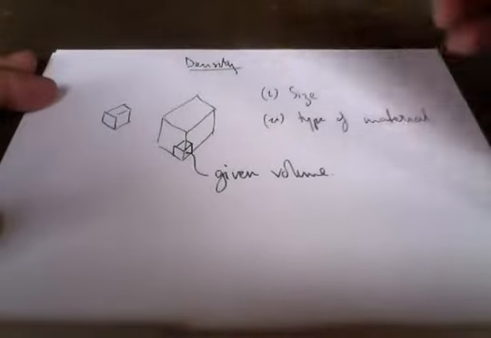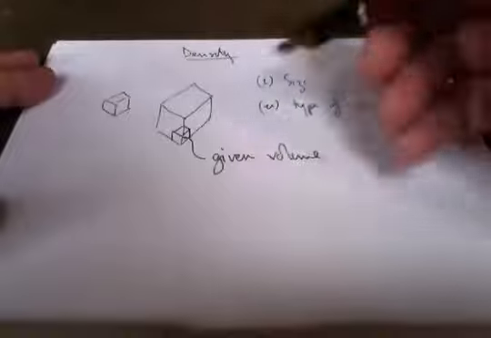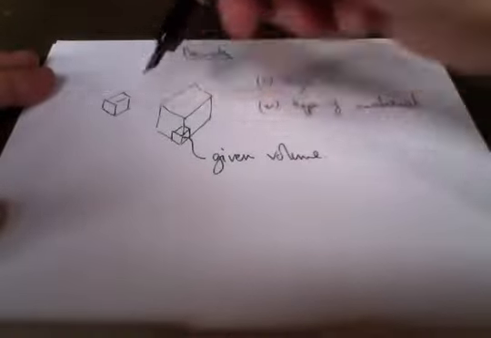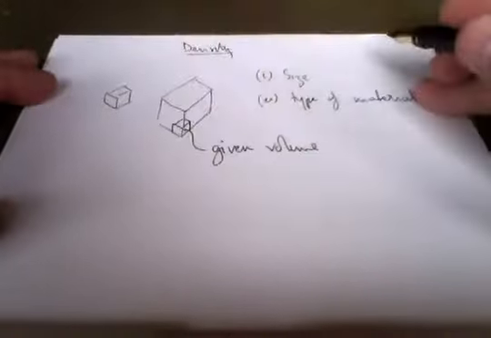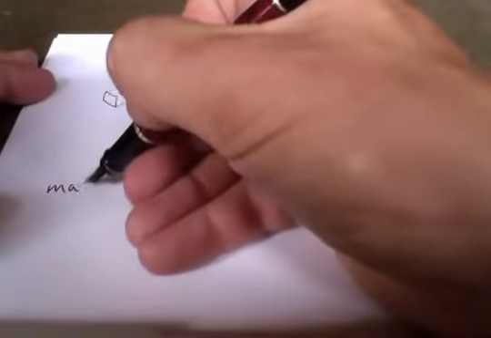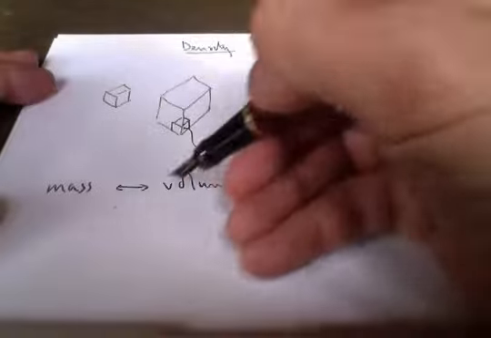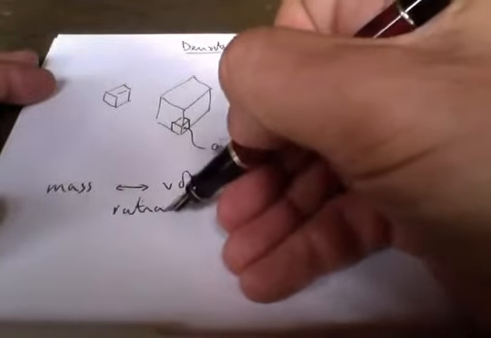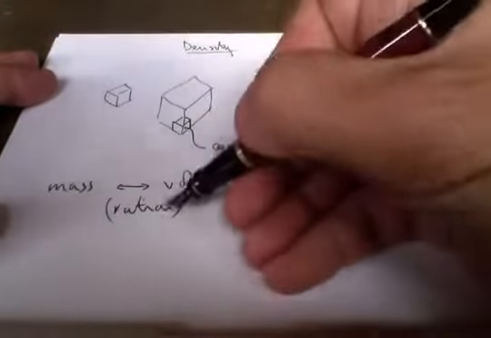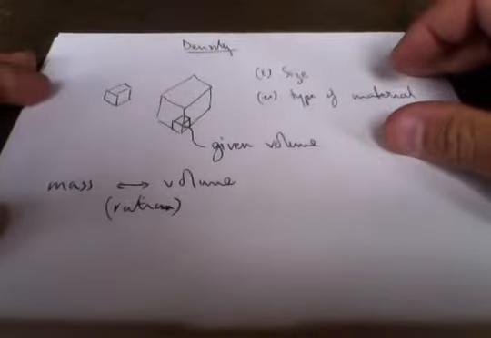So really, the concept of density is saying, for the same volume of different materials, how much mass does it have? In other words, it's a mass to volume ratio.